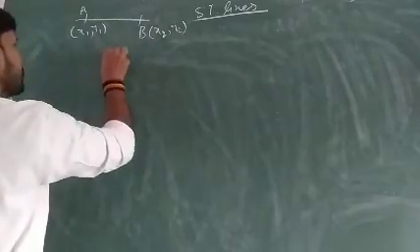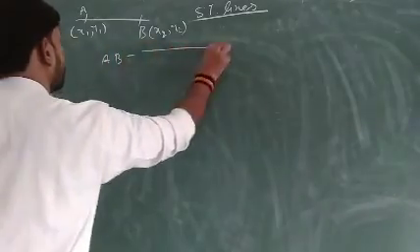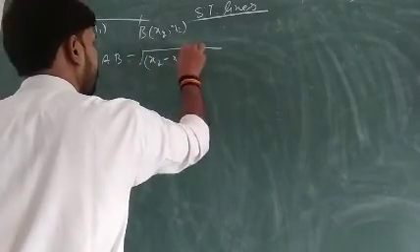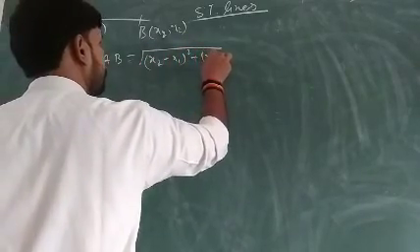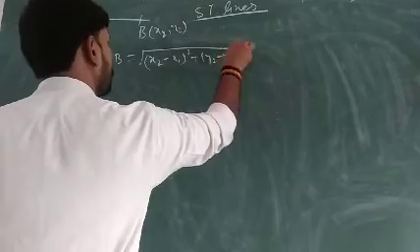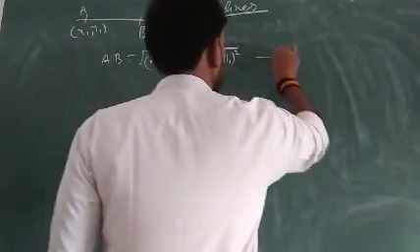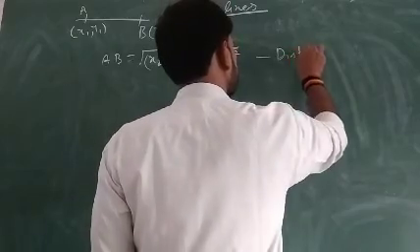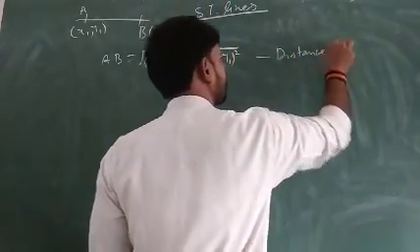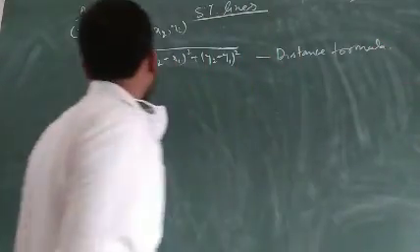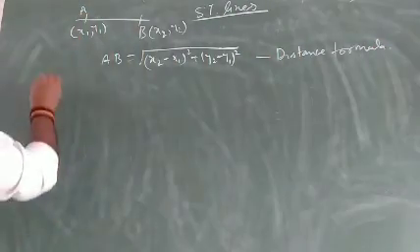Then the distance AB is the square root of (x2 minus x1) whole squared plus (y2 minus y1) whole squared. This is called the distance formula. Now we will start with the section formula.